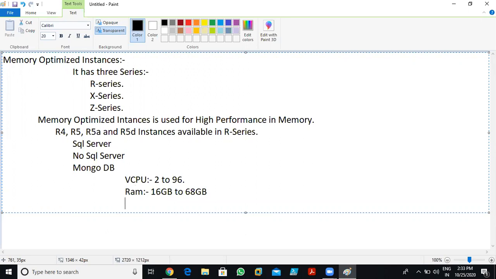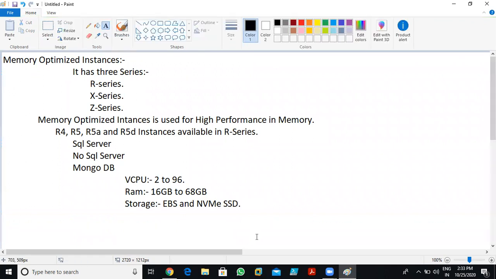And lastly, for storage, we can use both EBS and NVMe SSD storage. So in the R series we can use both kinds of storage. This is the information about the R series.